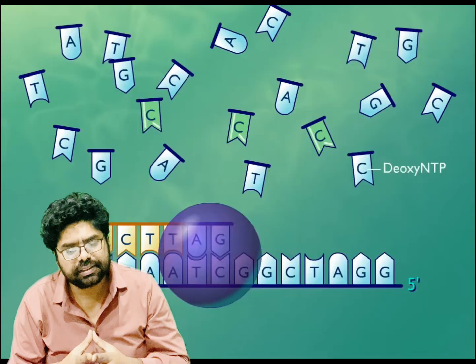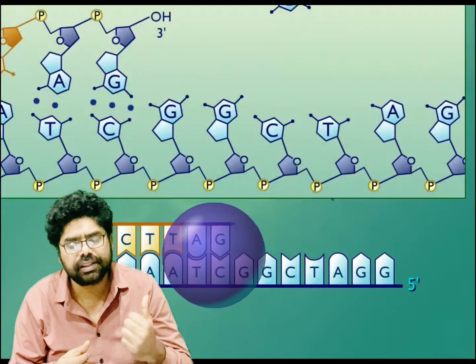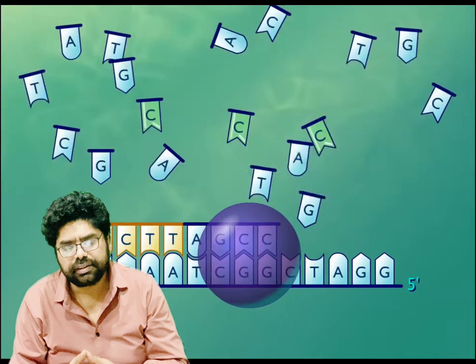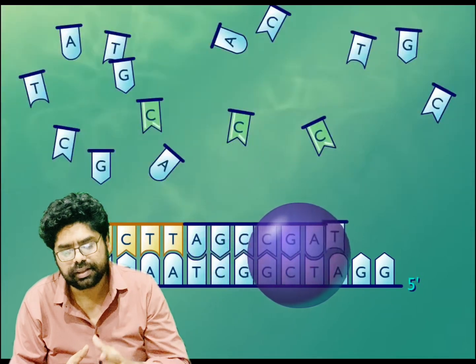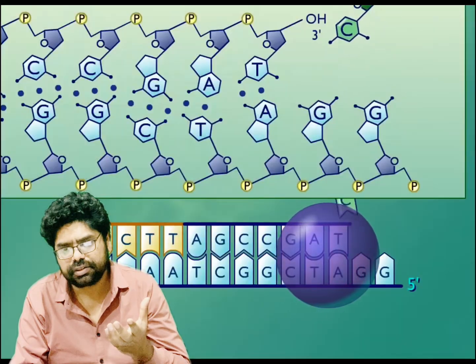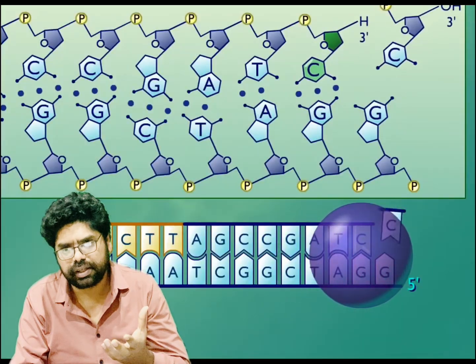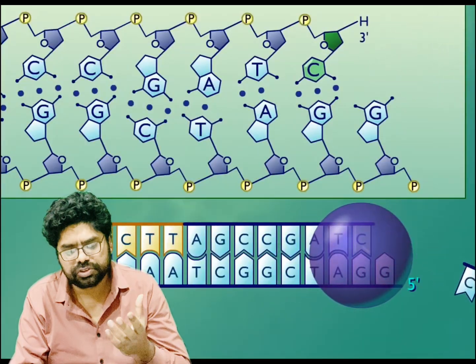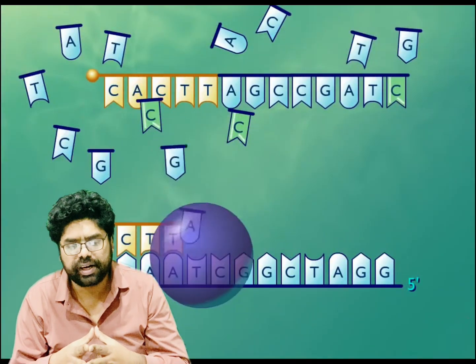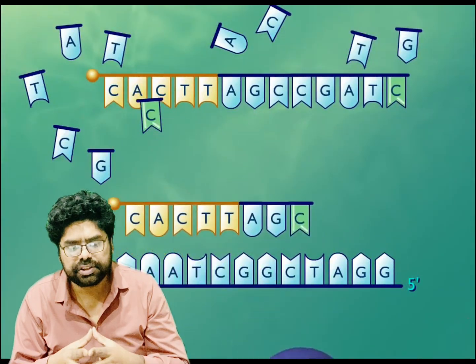Now, how does DNA synthesis take place? DNA synthesis requires the availability of the 3' OH group. As we have seen in the figure, there is no 3' OH group in dideoxyribose, so it cannot lead to the synthesis of DNA. The chain will terminate during DNA synthesis. You can see in the figure how DNA synthesis requires availability of 3' OH and energy.